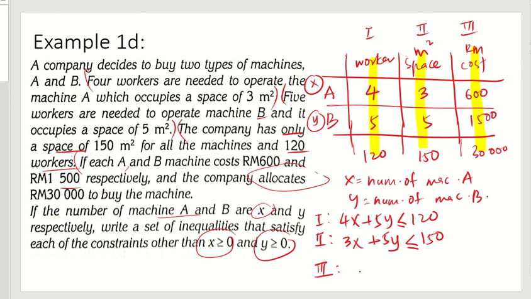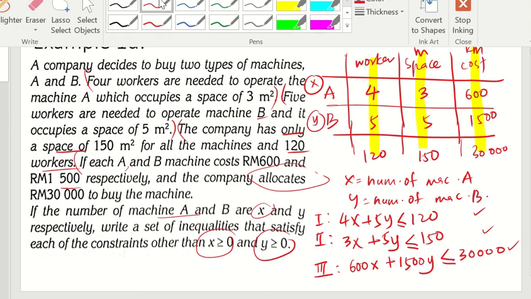It's the cost. You want to buy how many machine A, how many machine B? One machine A is 600, so 600x plus 1,500y. Also the maximum is 30,000. You don't have more money than that, right? So it must be less than or equal. Therefore, this one we can simplify, or you can leave it in this form and you can get the full 3 marks already.